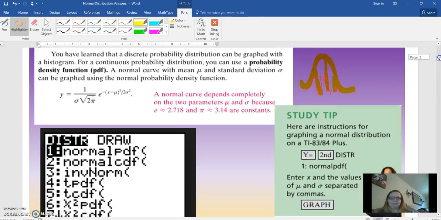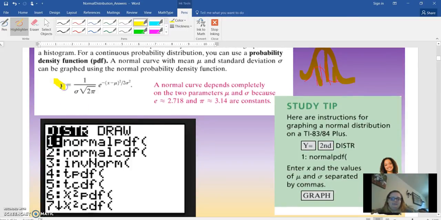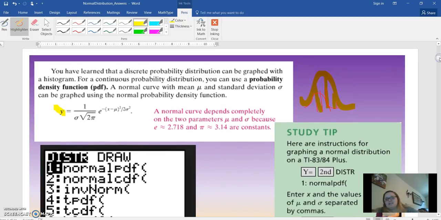I don't need you to worry about that formula. Just know that we use that formula to make these curves. We're never going to reference it. I'm never going to ask you for it. Just letting you know that there's this insane formula, and it is the basis for all this.